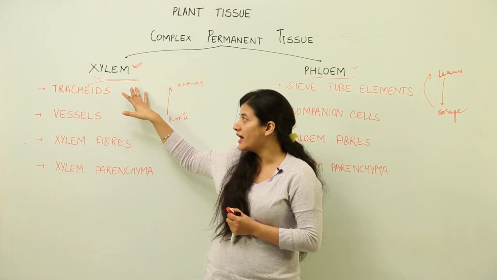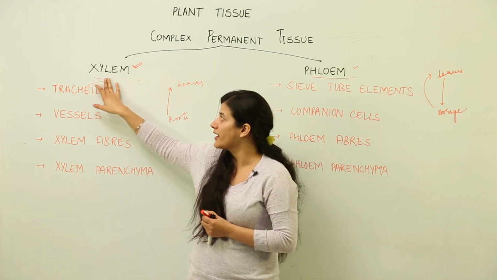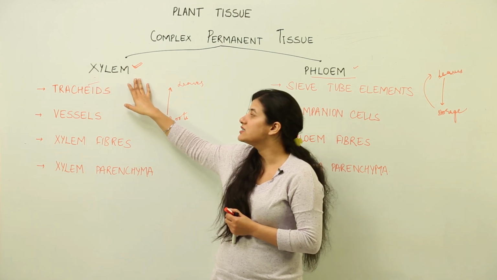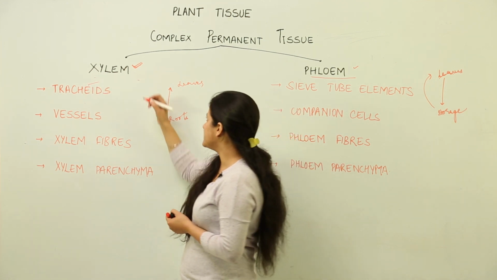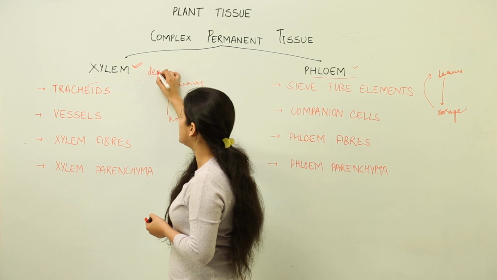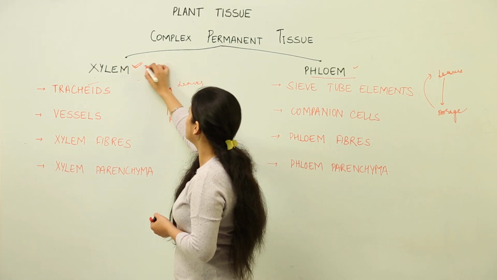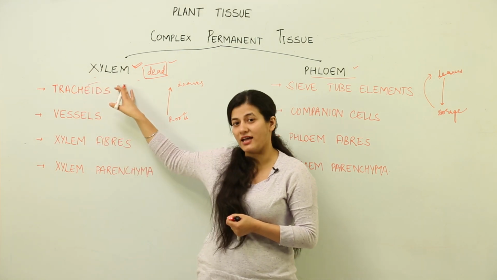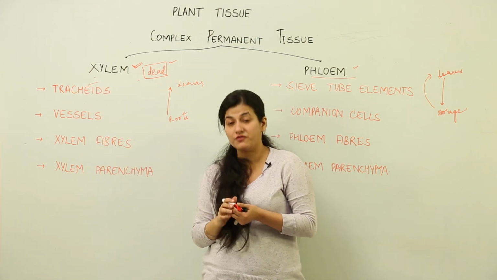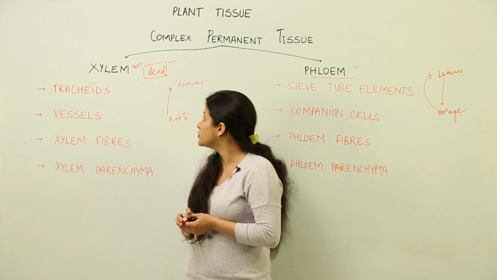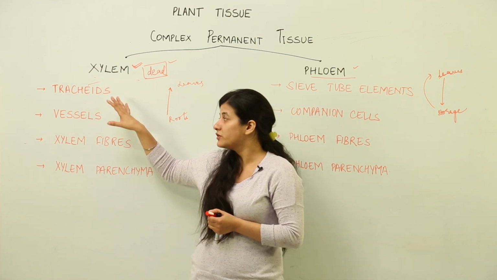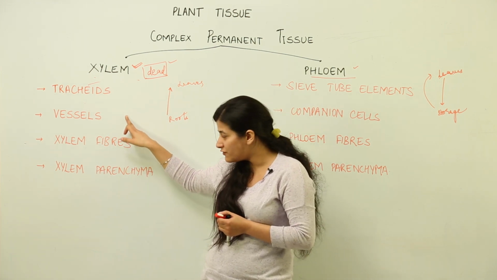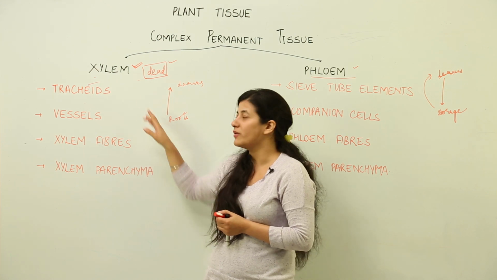Now in case of xylem, you must keep in mind that most of this tissue is dead. The wood that is present in your houses, the table, the chair, the wood that is part of furniture is nothing else but the xylem. If we understand it in terms of plant tissue, it is the xylem which is the wood present in your houses, and these are the four cell types which would be forming this xylem.